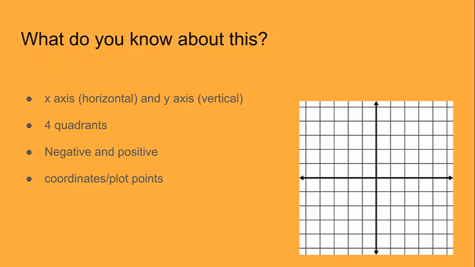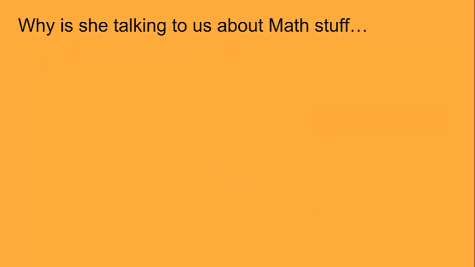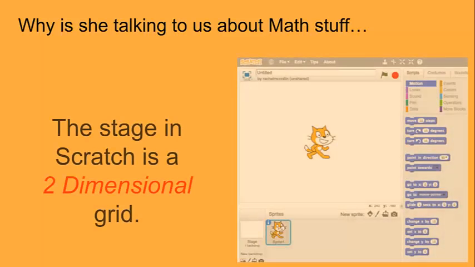And the very center coordinate plot point is 0, 0. Why am I talking about this? The Scratch stage is the same 2-dimensional grid. So if you remember your plot points from math, you will be able to understand where your sprite is on the stage on the left.